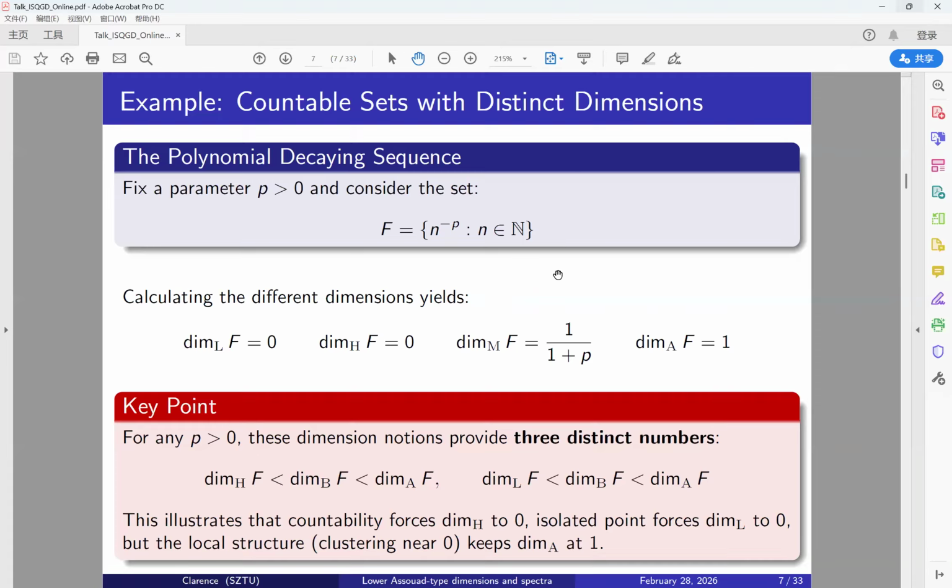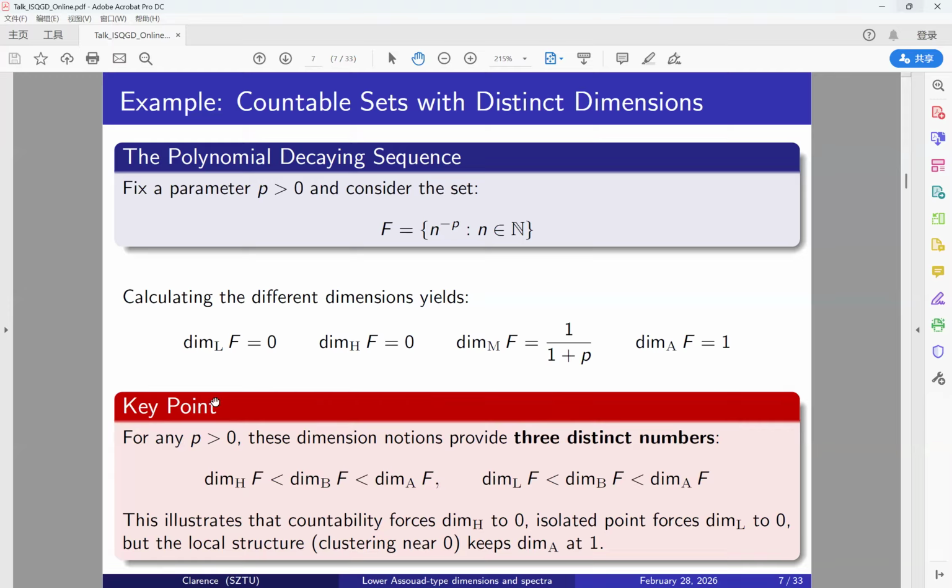Based on a simple calculation, you can see that the Hausdorff dimension is zero, by the countable stability of the set, and you can also construct a measure like this. As for the Minkowski dimension or box dimension, it will be 1 over 1 plus p. Compared to the Hausdorff dimension and Minkowski dimension, the Assouad dimension is 1, since the set focuses more on 0, and the lower dimension is 0, since every point here is an isolated point.